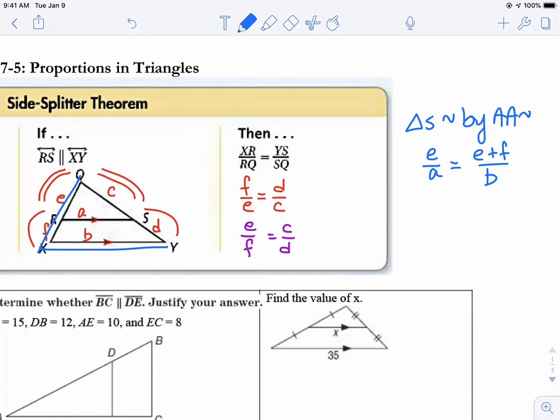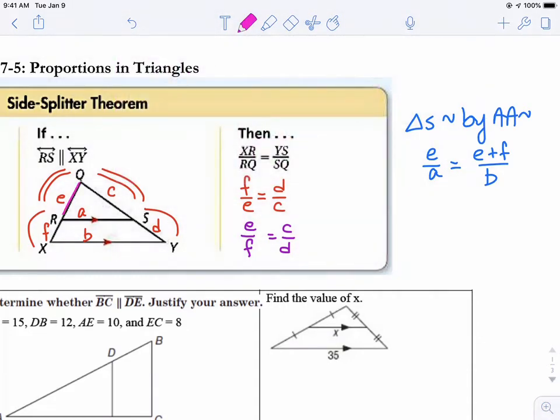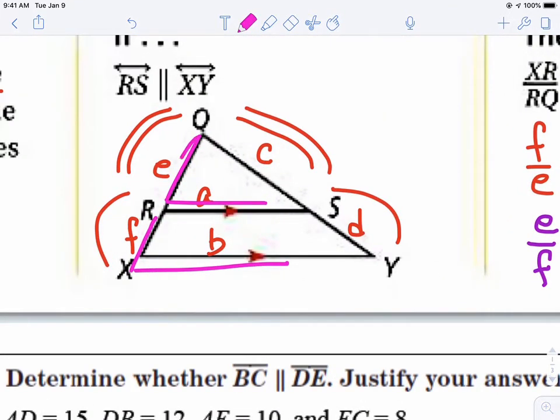Now, I'm telling you this because I want to caution you that the most common mistake in this whole entire chapter is that people try to say E to A and F to B. E to A and F to B does not work. And the reason it doesn't work is because F is not a side of the triangle. So if you're using a side there and a segment here, you have to be using a side here and a segment here.